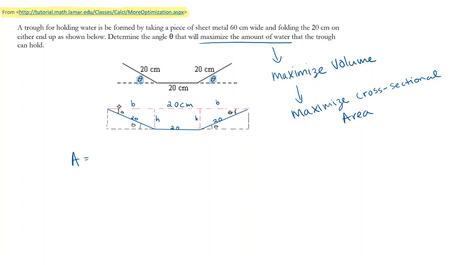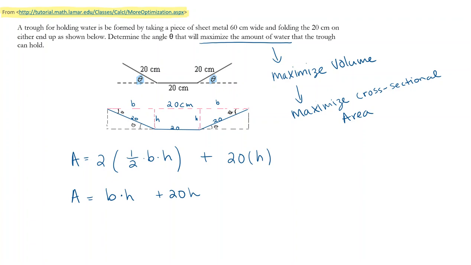We've got two equivalent triangles, and the area of a triangle is 1/2 base times height. So we're going to say 2 times 1/2 base times height, plus the area of the interior rectangle, which is the length 20 times the width. In our case, we're labeling that h, height. And we would get this formula.